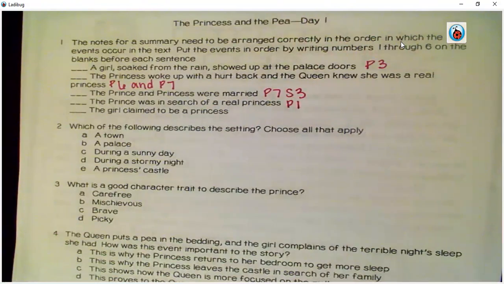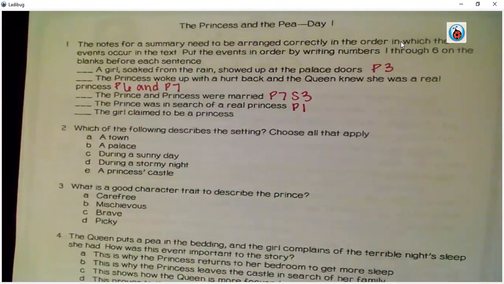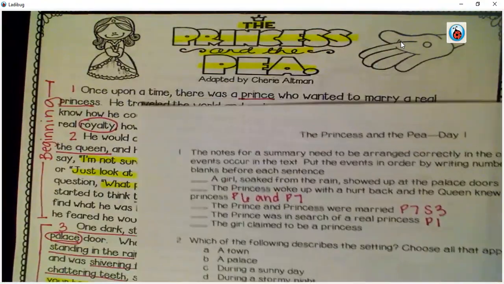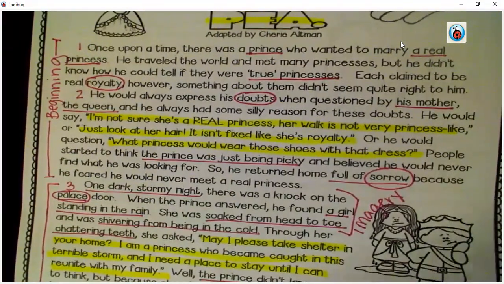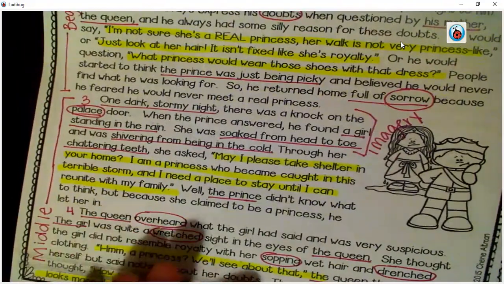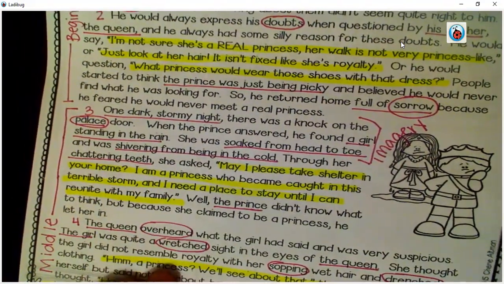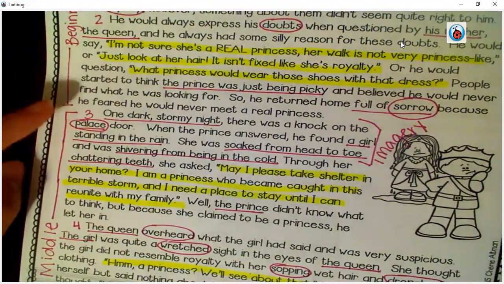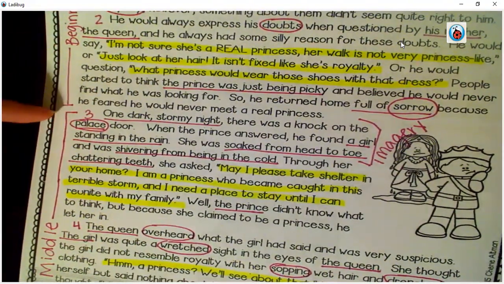And the last sentence says, the girl claimed to be a real princess. Ooh, I need to make sure that I find the correct paragraph for that sentence. The girl claimed to be a real princess. So I know I already looked back at paragraph 3 when the girl showed up.